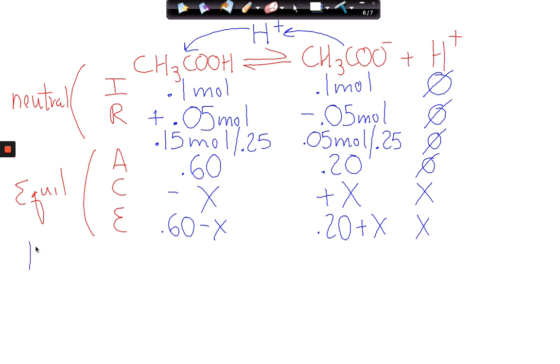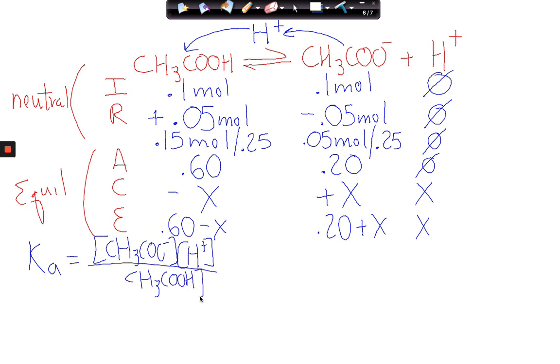So, guys, we've got Ka is equal to CH3COO minus and protons over CH3COOH.